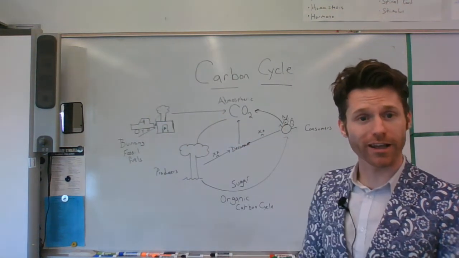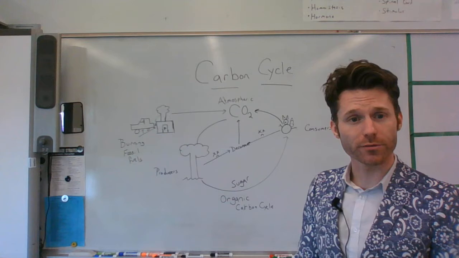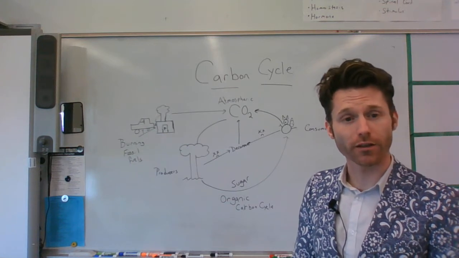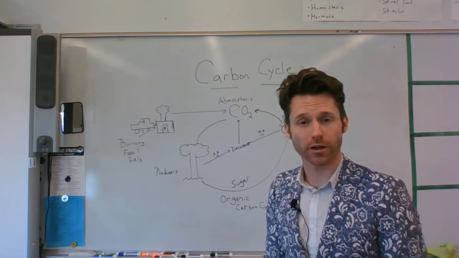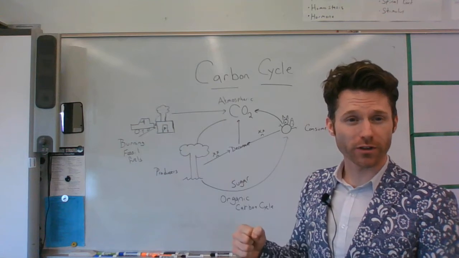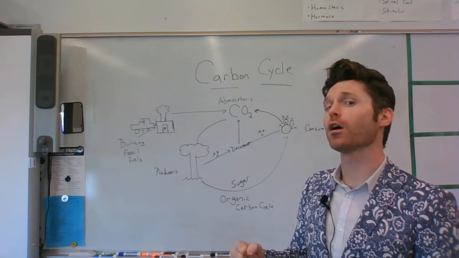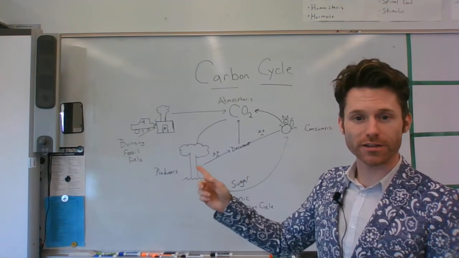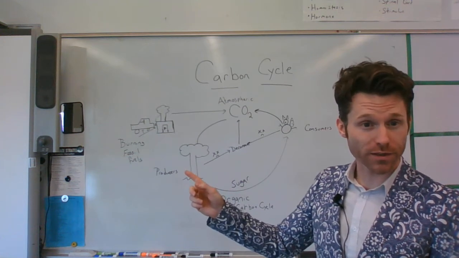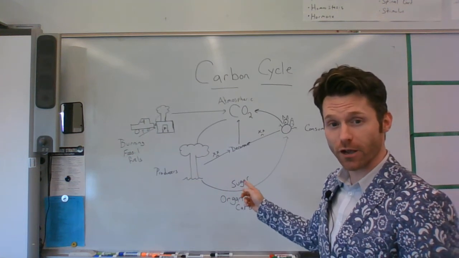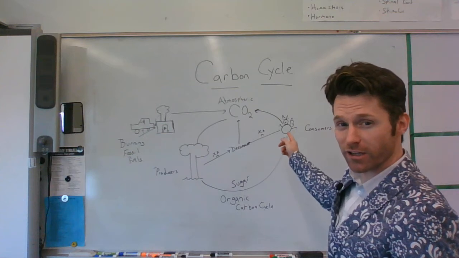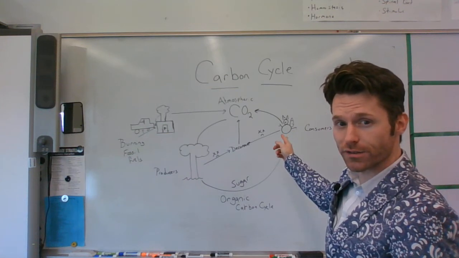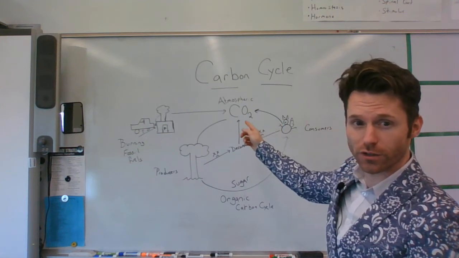Naturally, we have this organic carbon cycle where it's being passed between the consumers and the producers, and that's cool, right? We have cellular respiration releasing CO2 into the atmosphere. The plant uses that CO2 to do photosynthesis and make sugar, so the carbon's now in the sugar. The organism eats the plant, does cellular respiration, releases the CO2, and so forth.